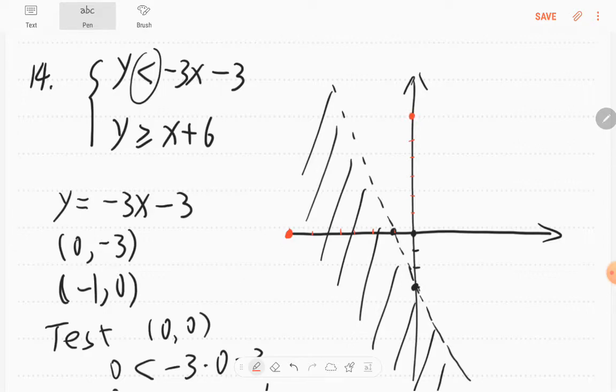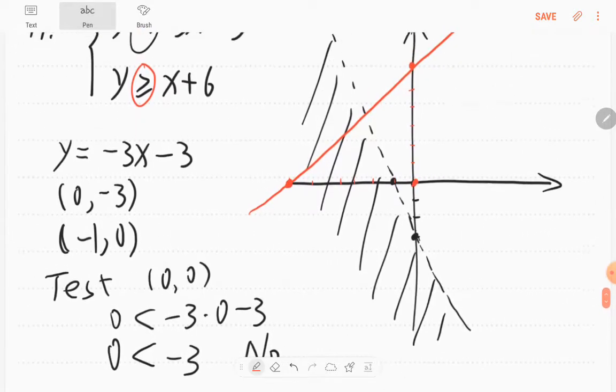Because here it's greater than or equal to, this equal sign is included, so we should use a solid line. This red line divides our graph into two parts, right? Upper half and the lower half plane. Which one should we choose? We just pick the point containing 0, 0. This is a very special point we often use because it's easy.